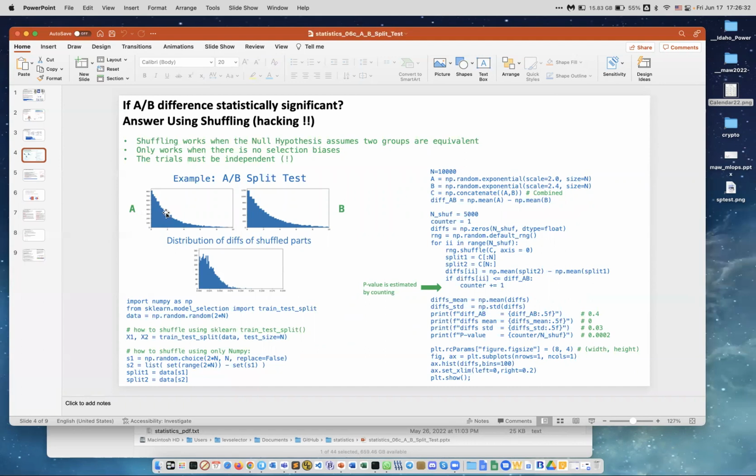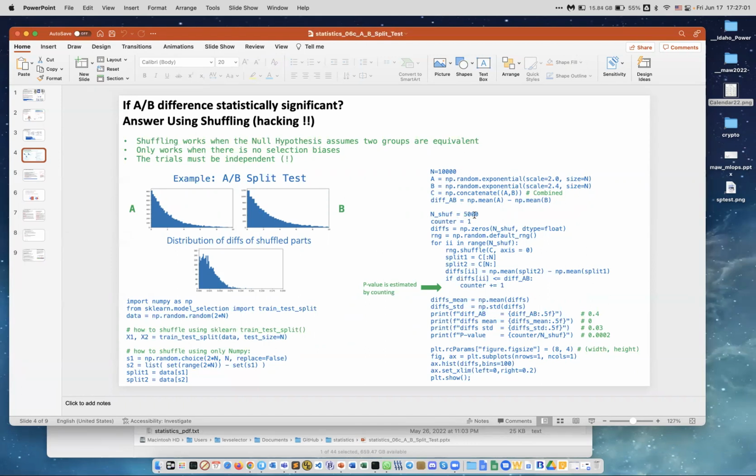The idea is you decide on a null hypothesis that A and B are actually the same, right? And then you combine them together, and then you randomly split in two halves, and then you look at the difference between the means of A and B, right? And you repeat it. In this case, you repeat it like 5,000 times.